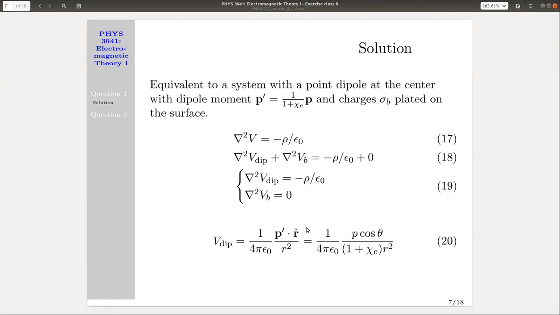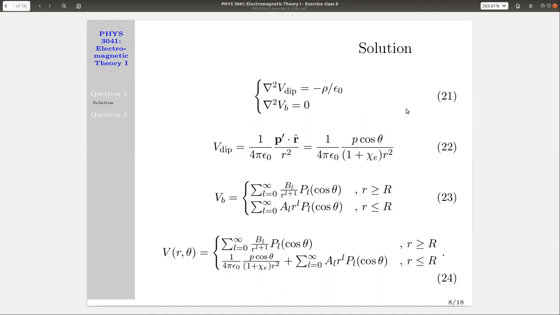Then we can just replace the P prime here with 1 over 1 plus chi times P. Because the dipole moment is pointing in the positive z axis, the dot product between them will be cosine theta here. So this would be the contribution from the point dipole.